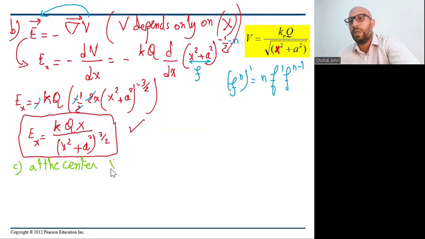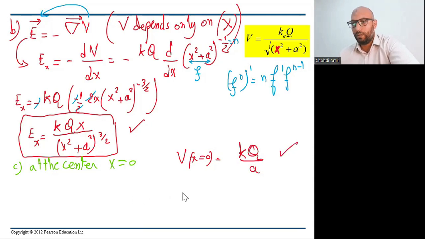At the center of the ring means x equals 0. For the electric potential, V, when x equals 0, is equal to KQ over square root of a squared, which is a. KQ over a. That's all.